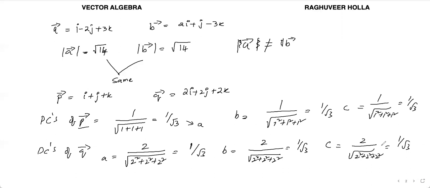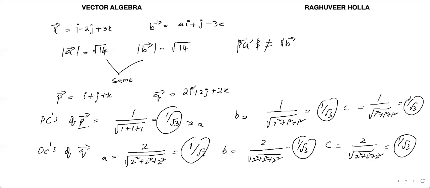Now, as you can see here, the direction cosines of P and Q are equal, that is 1 by root 3, 1 by root 3, and 1 by root 3. But if you look at these vectors, they are not equal.